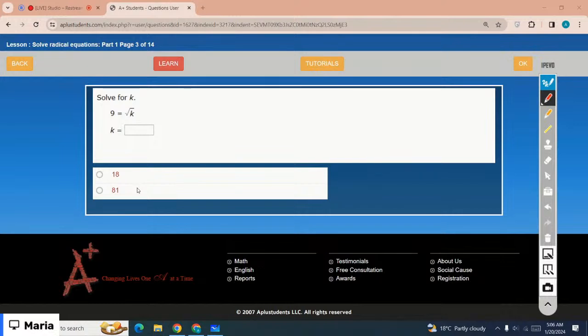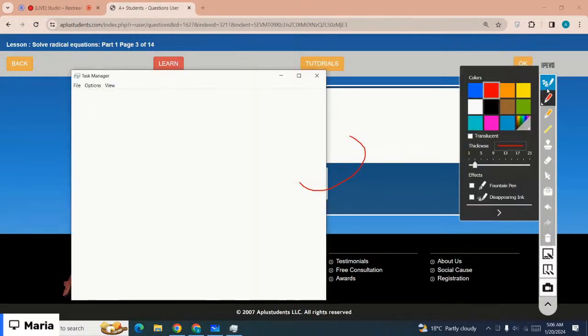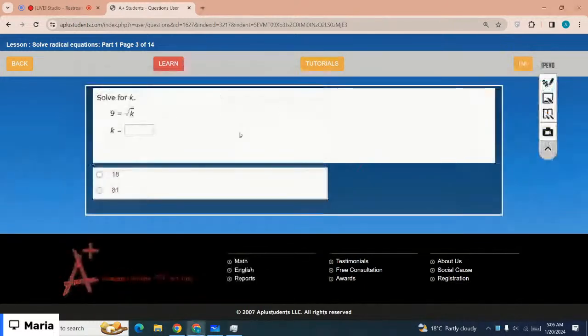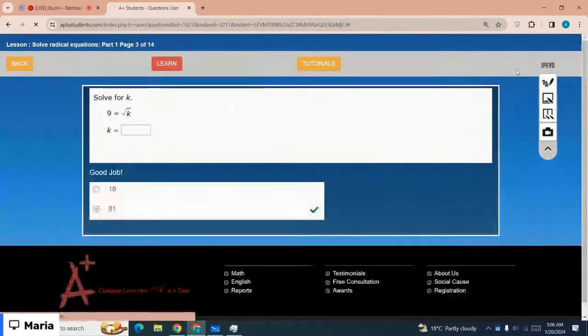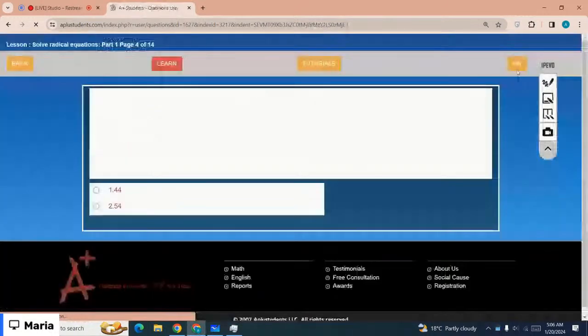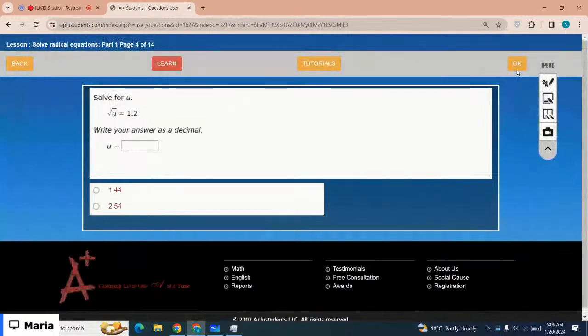What's wrong with the whiteboard? 81 it is. Okay, the next question you have to do on your notebook and write the answer in the chat box. The next one is square root u equals 1.2. So which is the correct option?